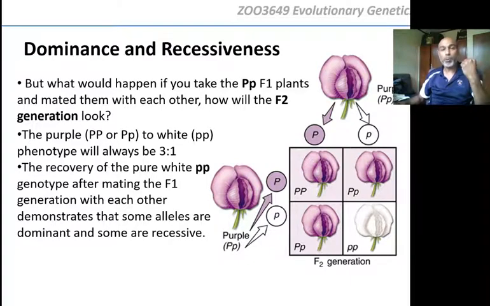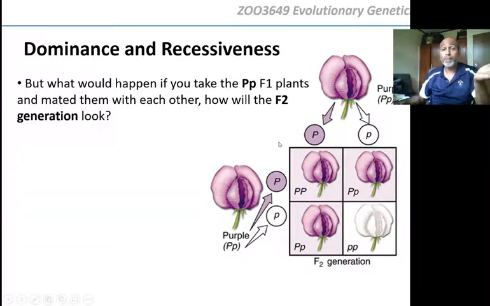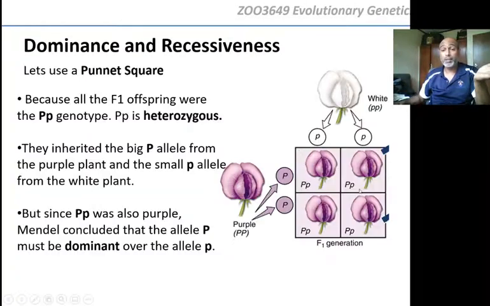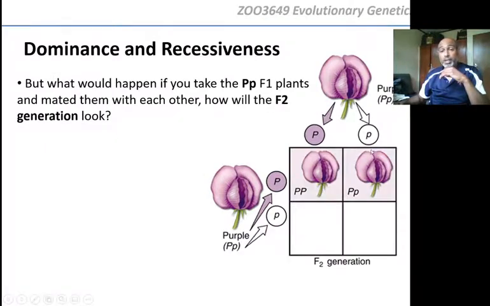They can't give small p in F2 when in F1 they themselves never had a small p. And as you know, in F1, every individual had a small p as well as a big P, right? That's why they were able to give the small p in the next generation. Here's the small p they're giving. And in one of the squares, both of them give the small p.